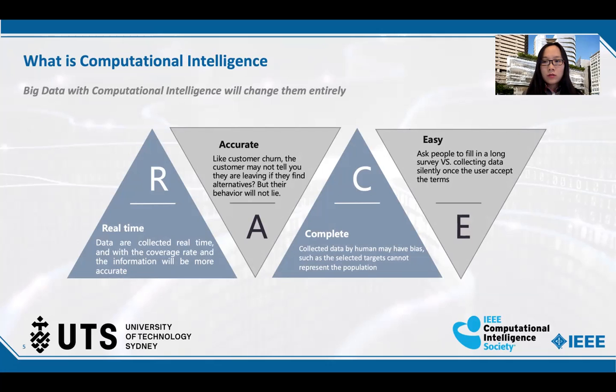CI is not based on surveys, but on customer behavior. So it doesn't have human bias, and it can do real-time analysis. Since it's silently collecting data and doesn't need the user to participate, it reduces the cost and it can support the decision-making of the business.